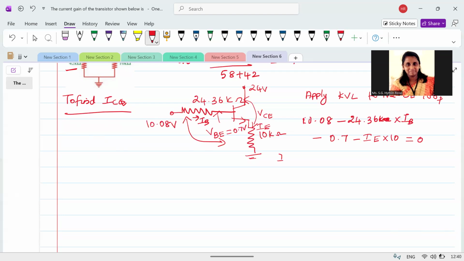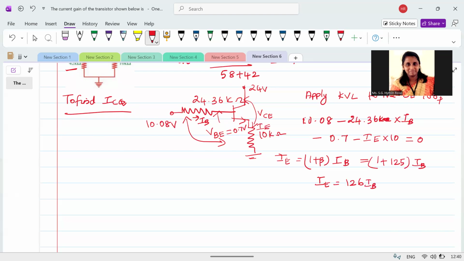But we know that IE is equal to 1 plus beta into IB. So we can replace IE as 1 plus beta, 125, into IB, so IE equals 126 IB.